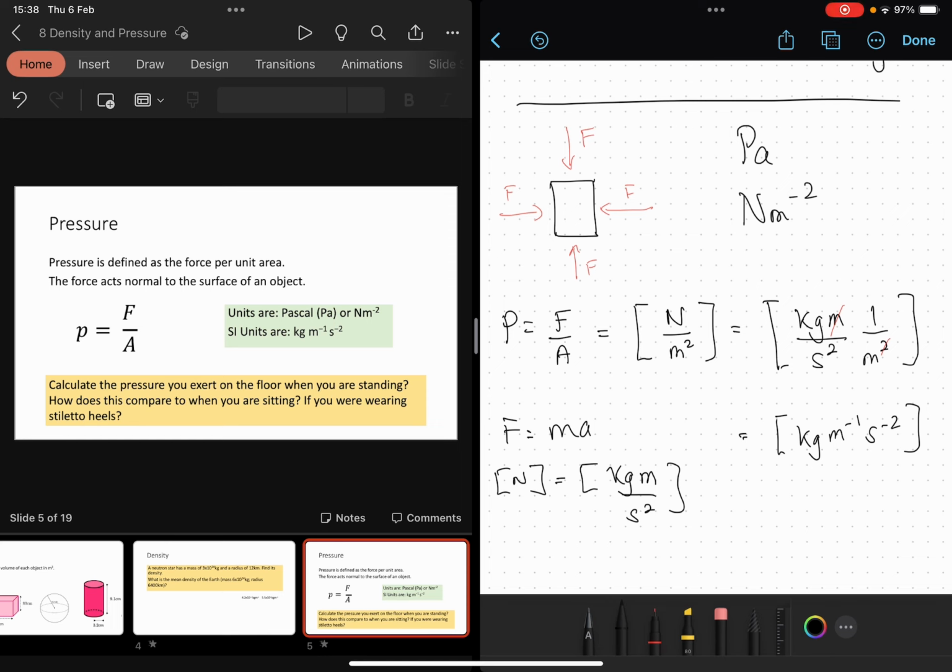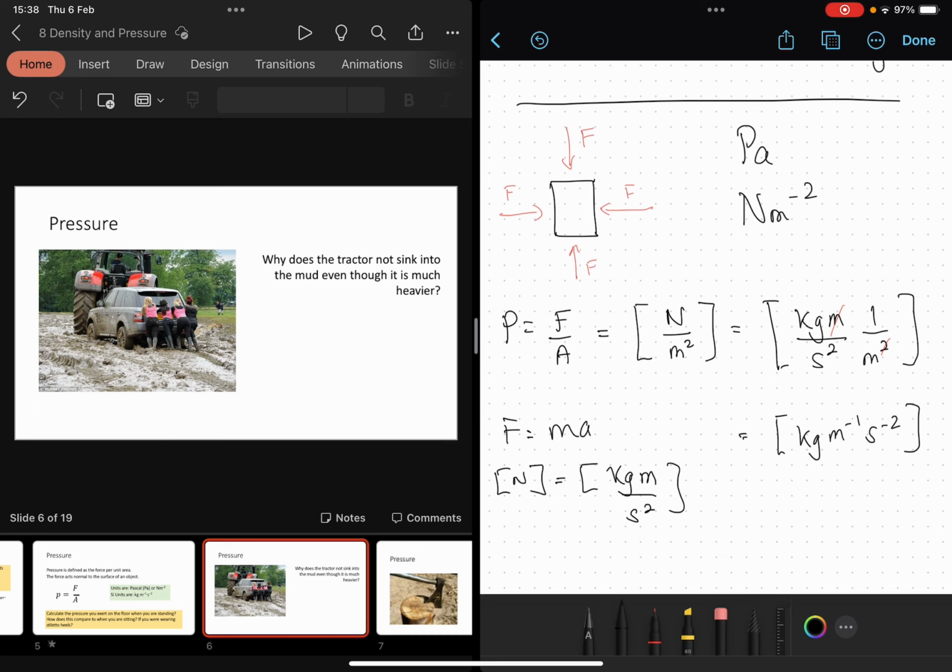When you sit on the floor, that involves a larger area of your body, and so therefore the pressure on the floor is going to decrease. If you wore some shoes with small heels, so the kind of stiletto heel example, which has got very tiny surface area, your weight is now being shared over a small area, and therefore the pressure on the floor is going to be much, much greater. So it's all about the interaction of those two.